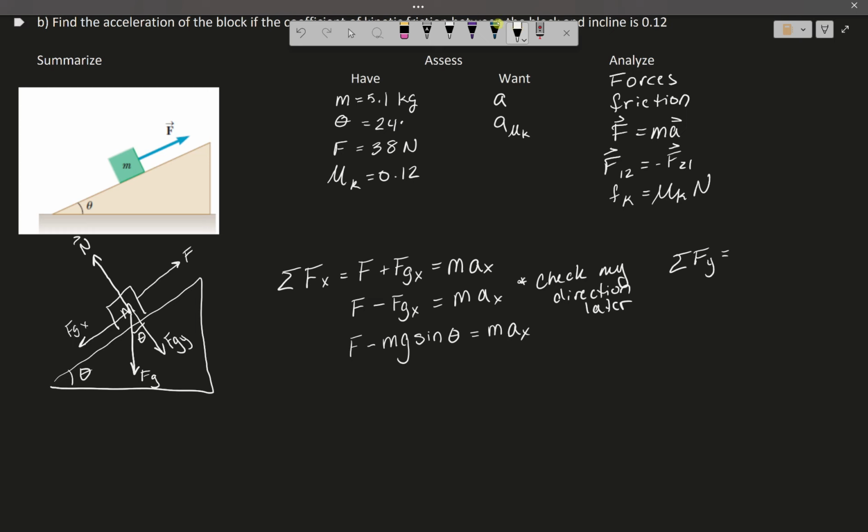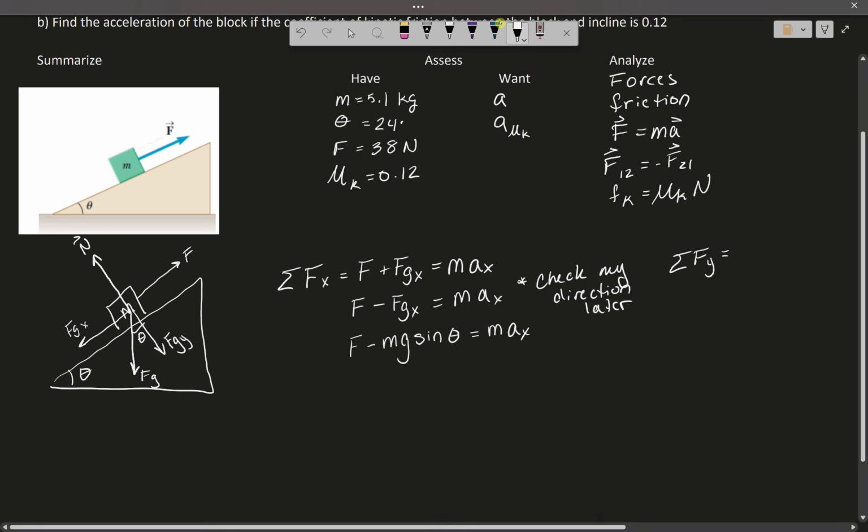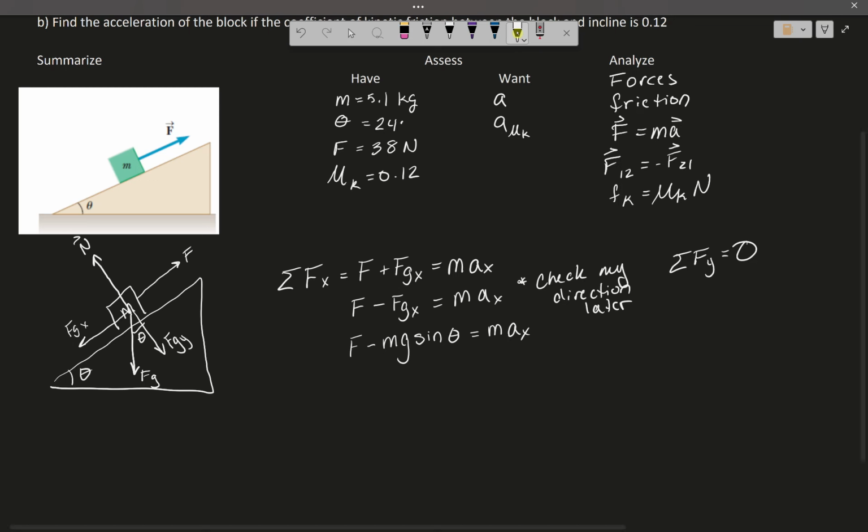If I just pull this block up the incline in my x direction, there's not going to be any up or down motion in the y direction, so I know that this is going to be equal to 0. Because it's not going to levitate off of my inclined plane, and it's not going to sink down into my incline plane.